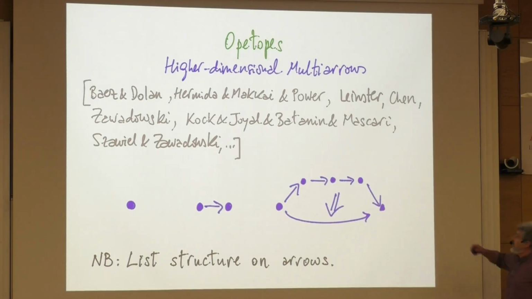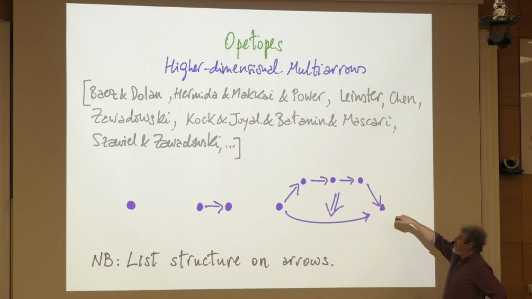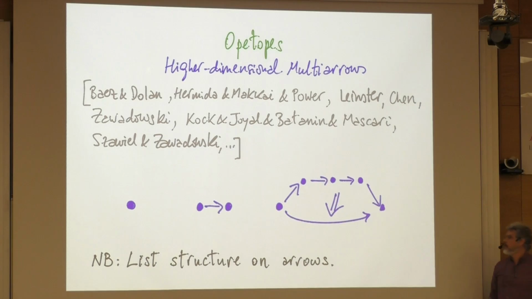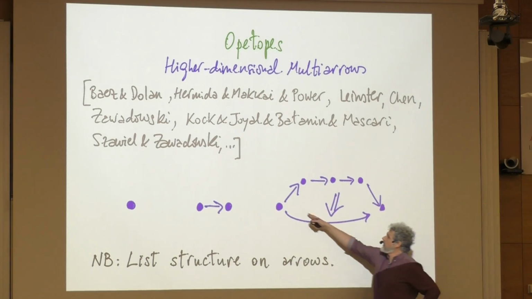As I said, these Opetopic structures, or Opetopes, are going to be generated in a multi-categorical sense, so not globular, as we've seen before. The cells that we are interested in are always many to one. So, implicitly, at least in the very low dimensions, we see a list structure.